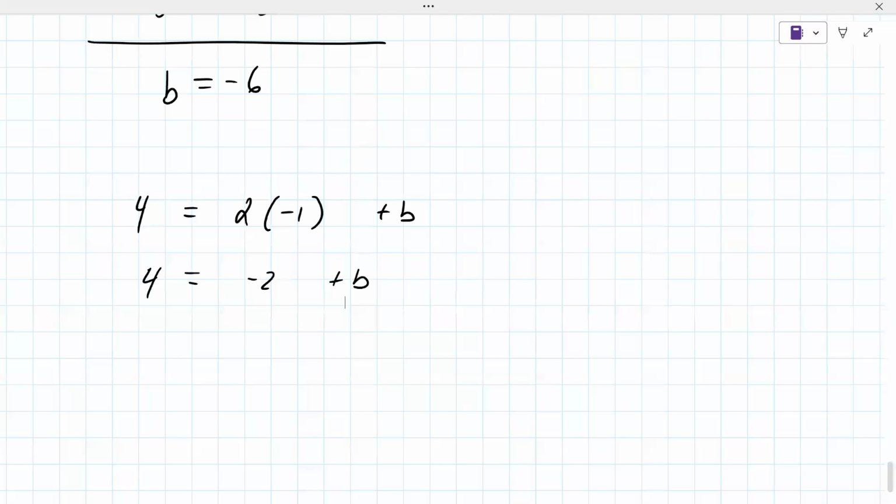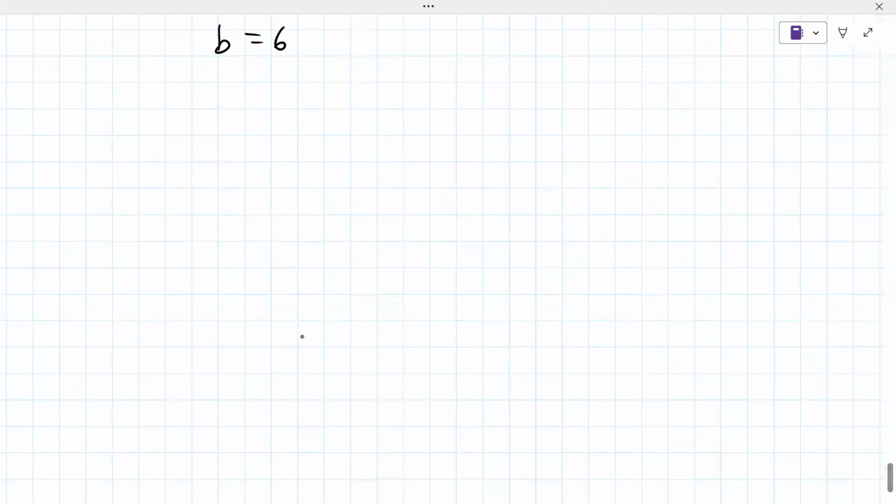Could you solve for b now for us, please? Would it be 6? B is 6, good.